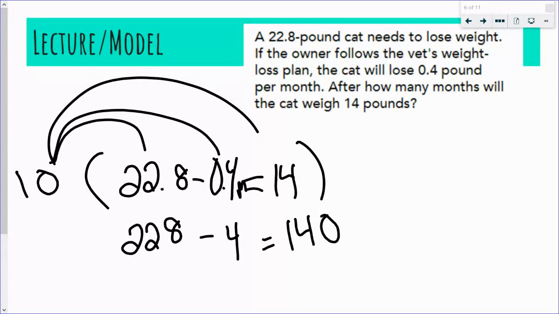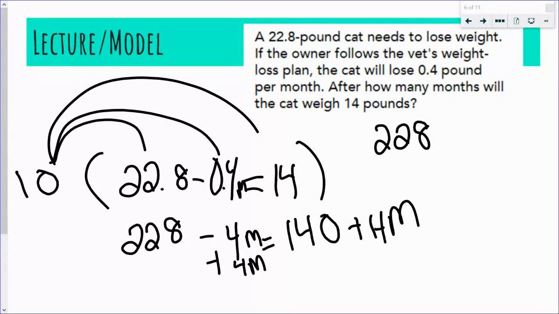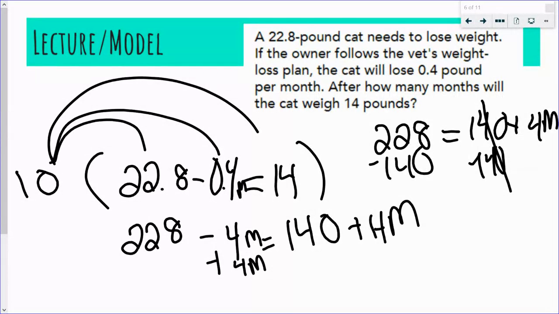I'm going to first subtract 228 from both sides. Actually, no, I'm going to add 4m to both sides first to make it positive. So now I have 228 equals 140 plus 4m. Clear out this 140 by subtracting it, which would be 88.